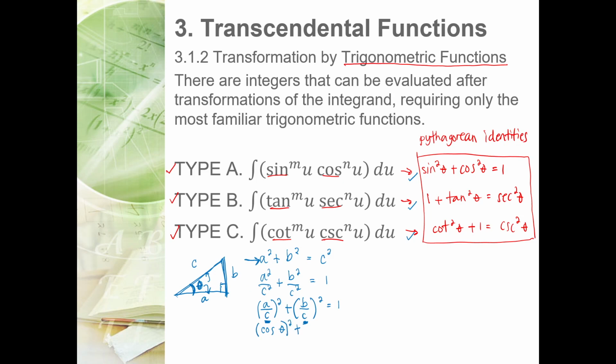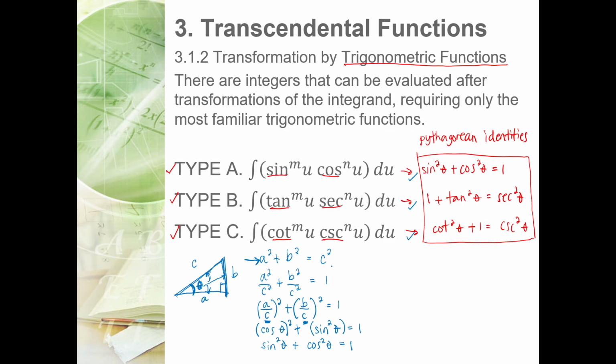Then the next term is b over c, that's the opposite side over the hypotenuse, so that's the sine function. So sine squared theta is equal to 1. Finalizing the form, we can put sine squared theta first to exactly match our equation: sine squared theta plus cosine squared theta is equal to 1. So that's how you derive the Pythagorean identities.